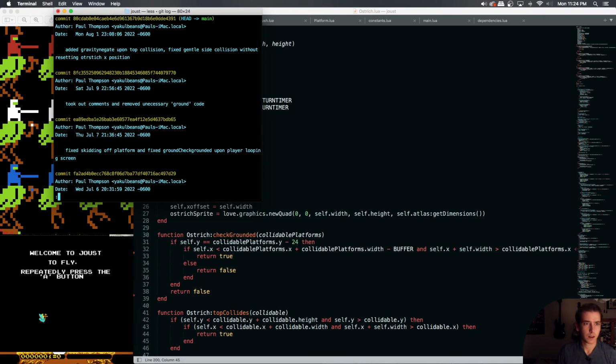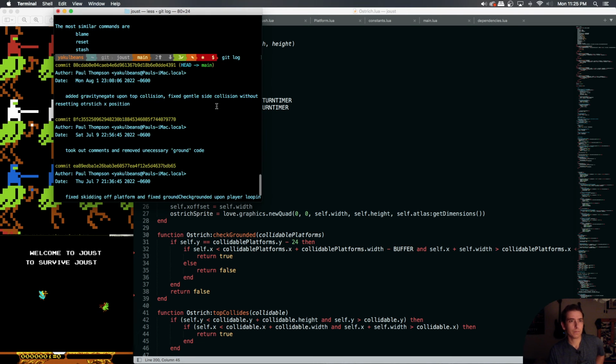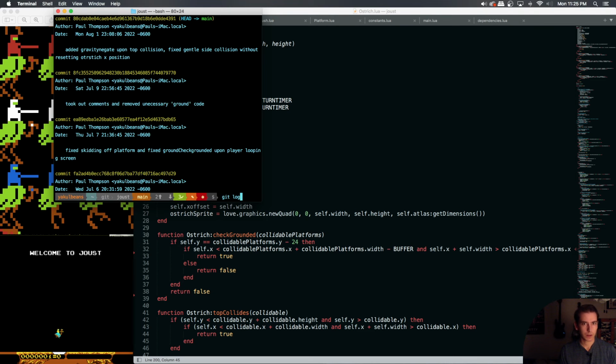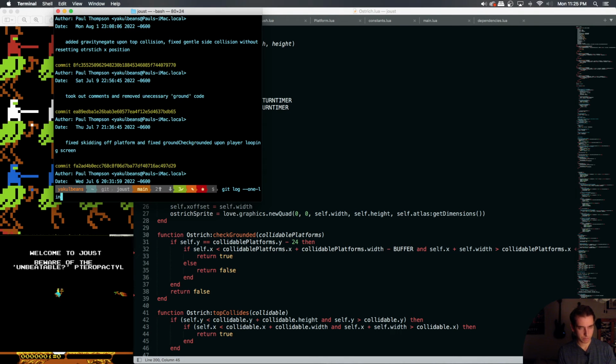Git log. So yeah, we want to recover our commit that we just failed to push. Here, if I do a git log dash dash one line.